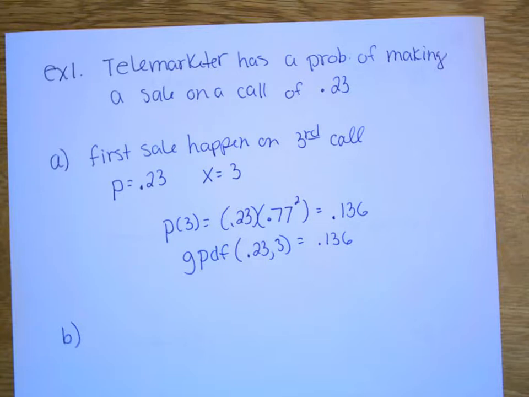If it was just a regular sale on the third call, would it still be 23%? Yes, she still has a 23% chance on that phone call. Each time she calls, she's got a 23% chance. You start making enough phone calls, eventually you're going to make some sales, and that's what it's all based off of.